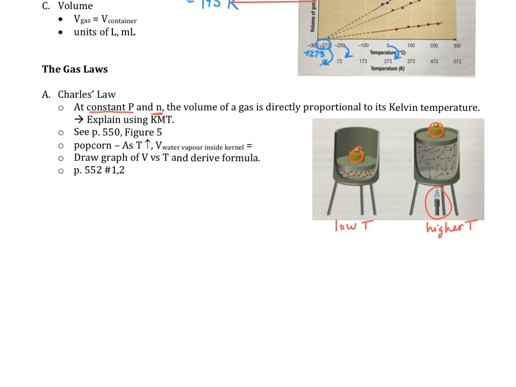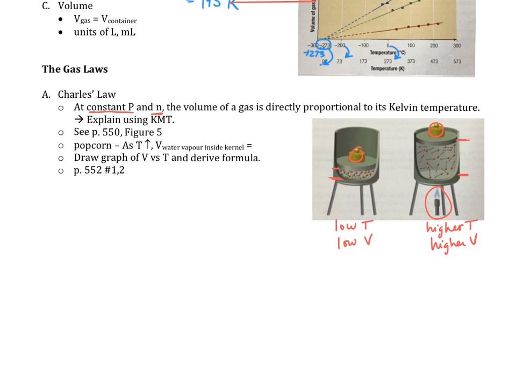We can see a certain volume occupied here. And now we can see that there's a much larger volume. So we can see that when the temperature was low, the volume was low, and as we've raised the temperature, we now have increased volume.